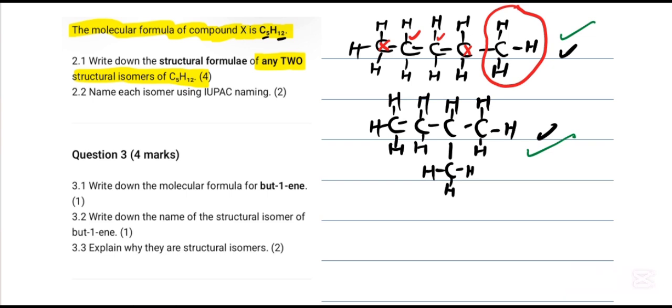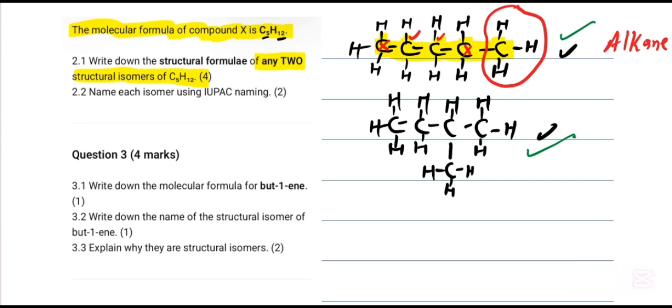So when we name, first of all you check the homologous series. These are alkanes. So number 2, you identify the longest continuous chain. How many carbon atoms does the longest continuous chain have? 1 2 3 4.